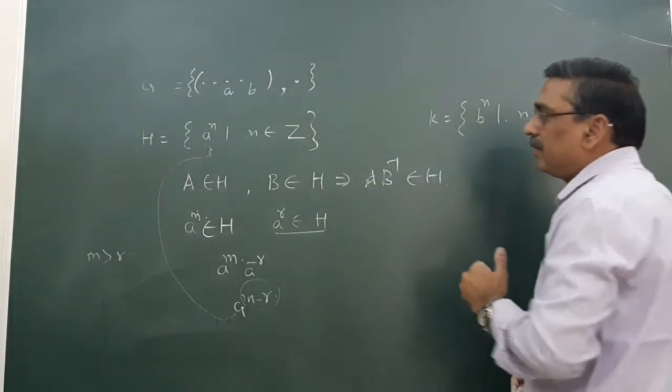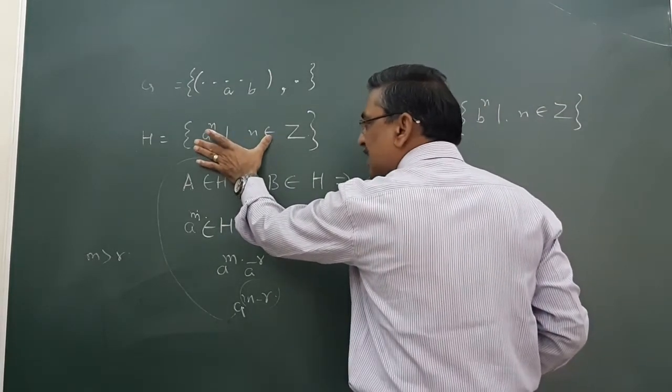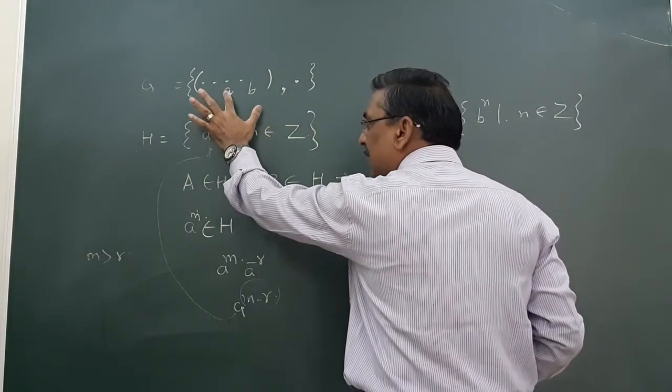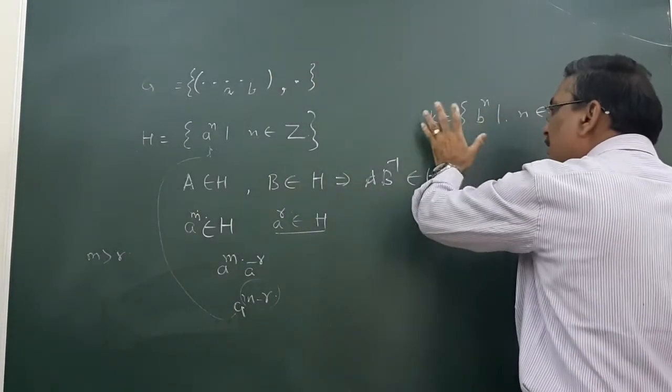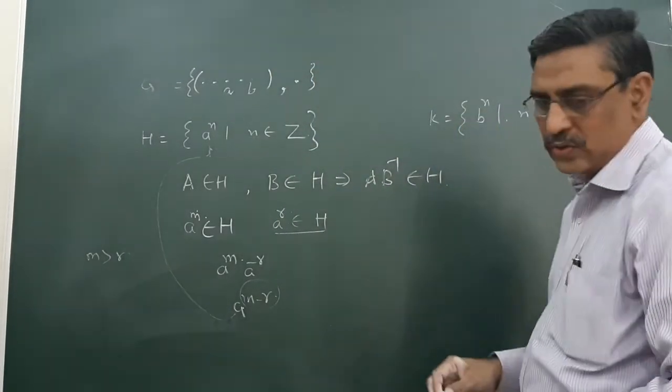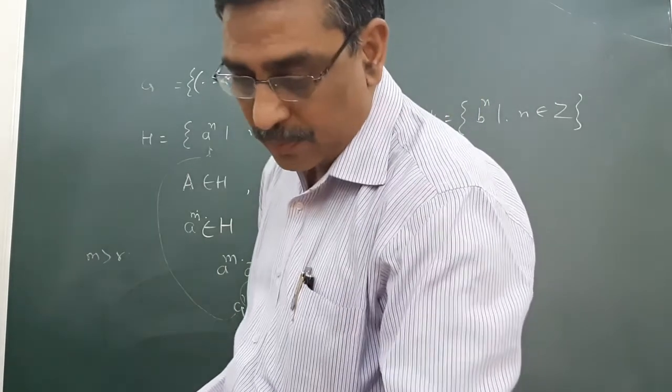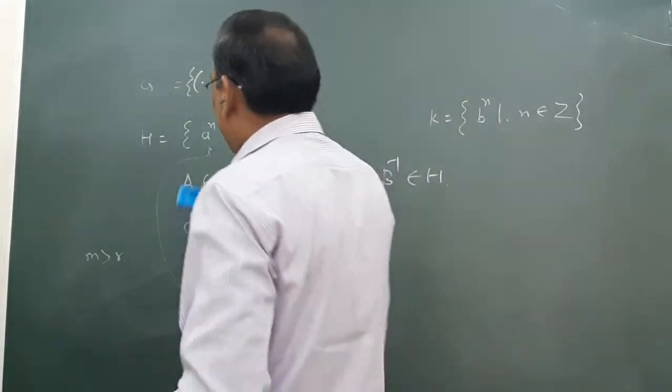We get a cyclic group related to this element, a cyclic group related to that element, and other elements also. We can get cyclic subgroups of a group.